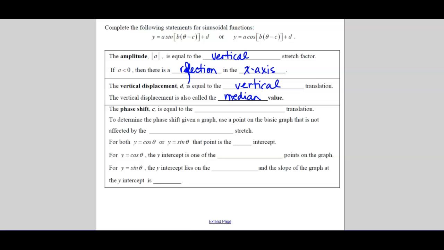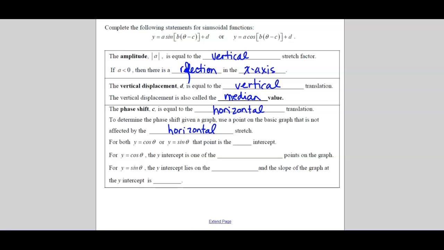Phase shift C is equal to the horizontal translation. So determine the phase shift given a graph. Use a point on the basic graph that is not affected by the horizontal stretch. Because if there's a stretch, then you don't know where you're at.